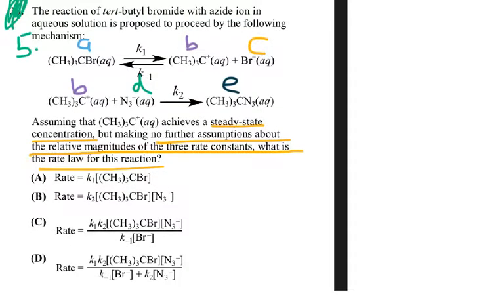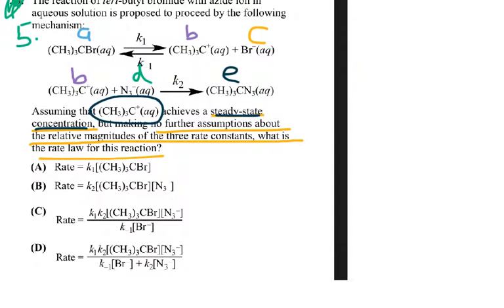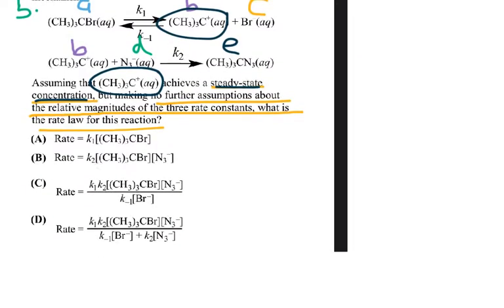Now we know that B achieves a steady state concentration, so this means that the rate at which this is being consumed is equal to the rate at which it is being produced.